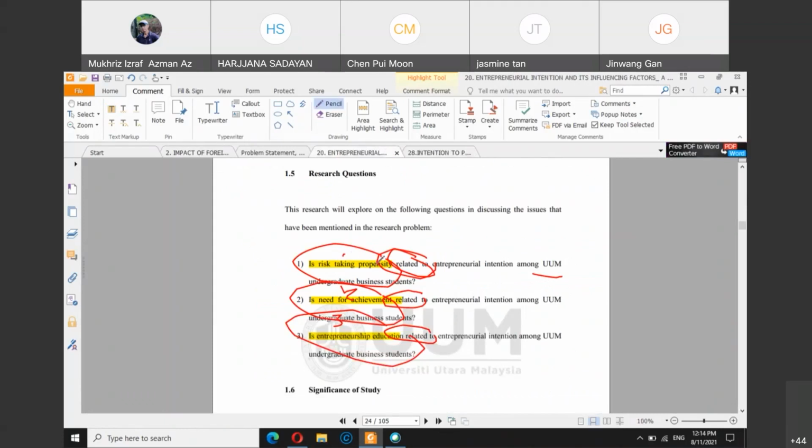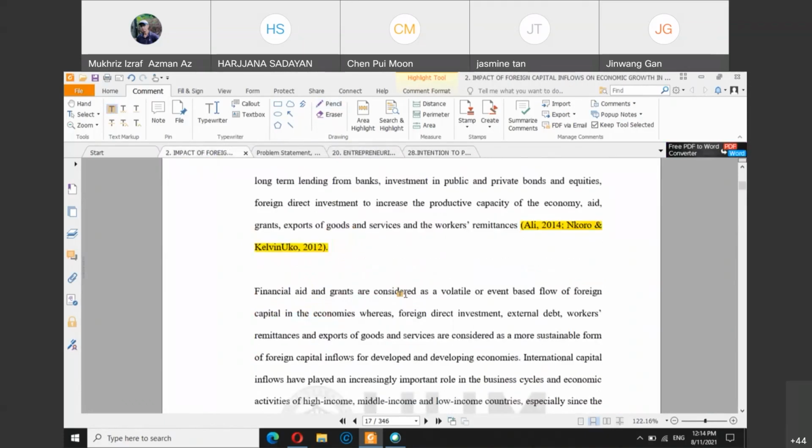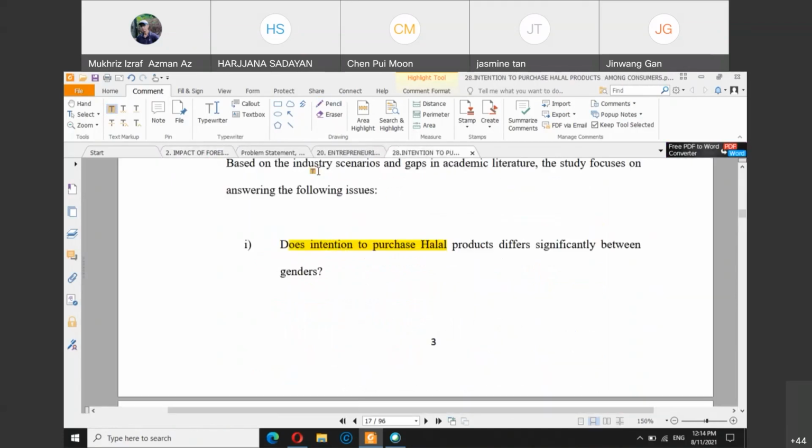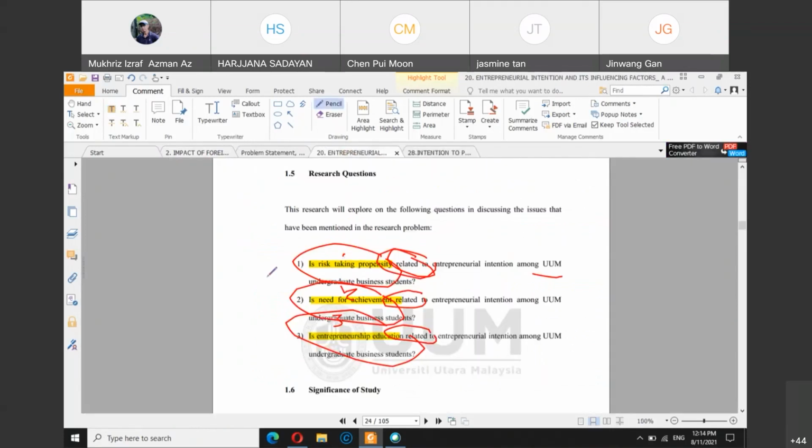We are using this as an example: risk-taking, achievement, and education. Somewhere in your introduction, you must mention who actually has done research that confirms that risk-taking is an important factor to promote entrepreneurial activity. The same goes with achievement and also education.